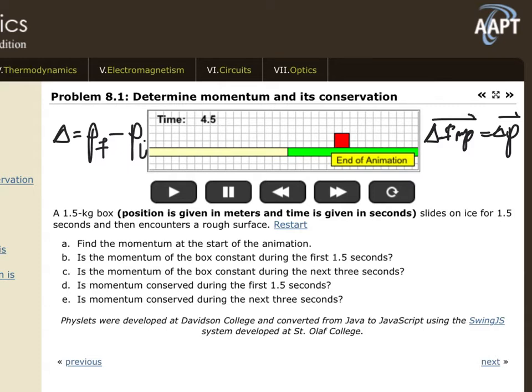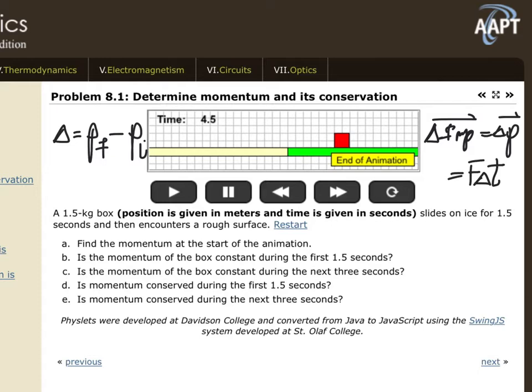And you know that the impulse is equal to the average force that acts over the time interval that it acts. And the force acts when? From when it touches the friction surface, the rough surface, till when it stops, right?